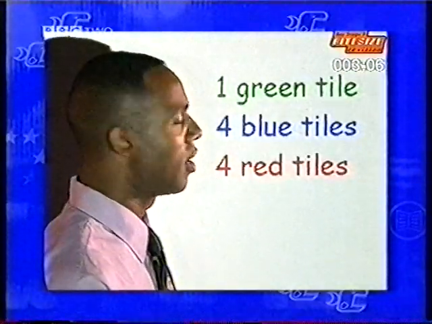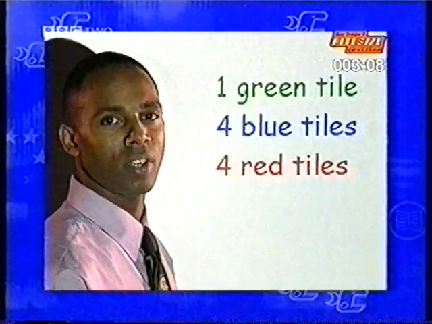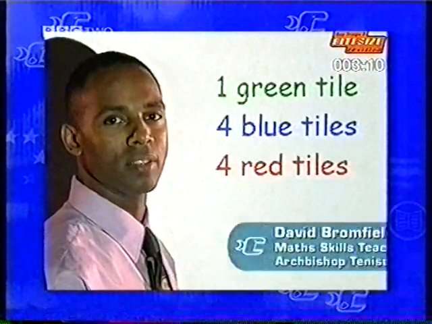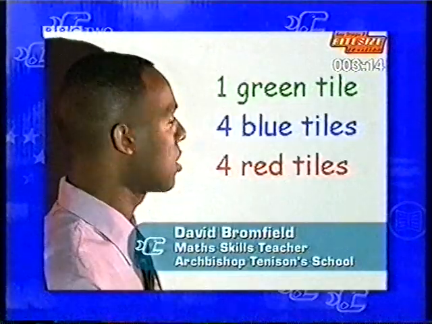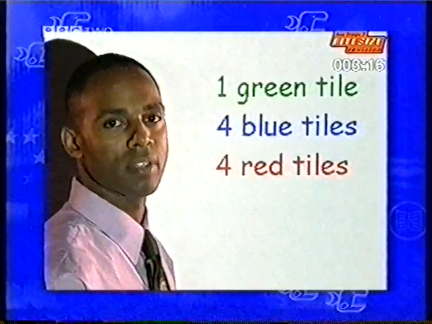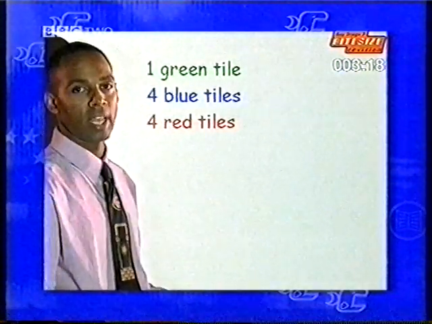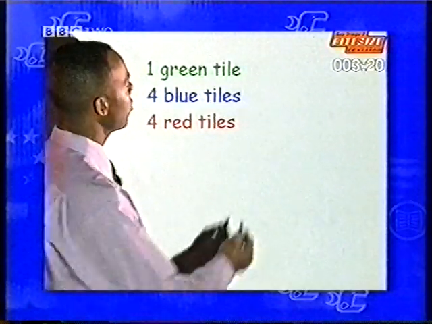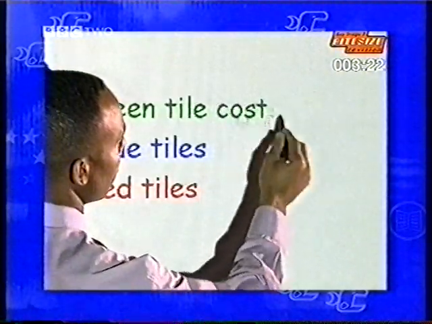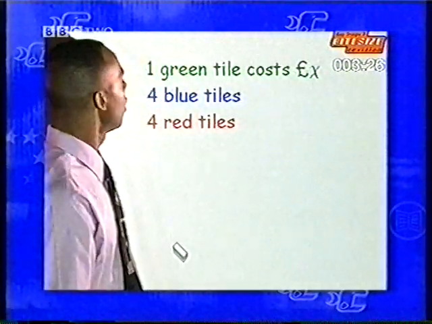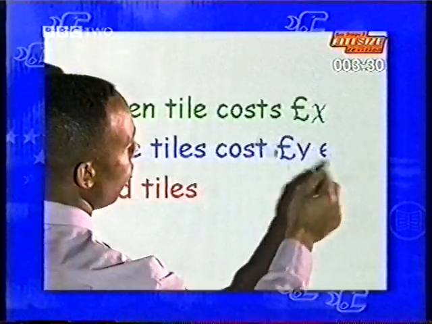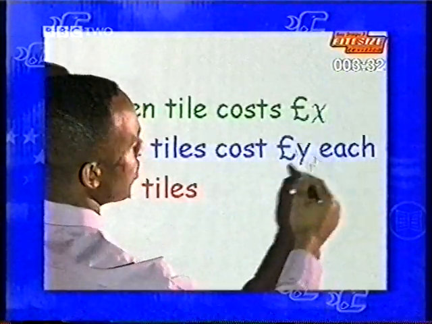To find that out, let's go to our expert. To tile one small section of the wall with this pattern, we would need 1 green tile, 4 blue tiles and 4 red tiles. Now let's have a look at the cost in algebraic terms. 1 green tile costs X pounds. 4 blue tiles costs Y pounds each.